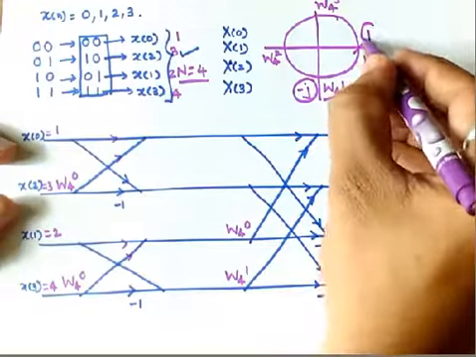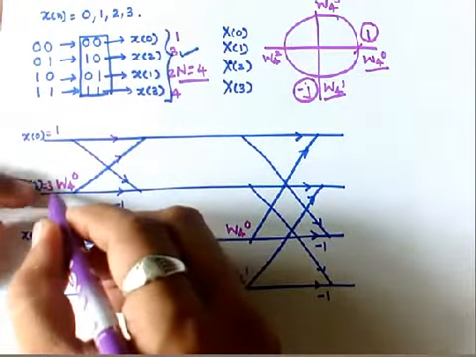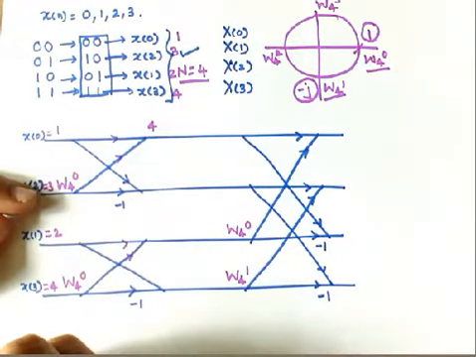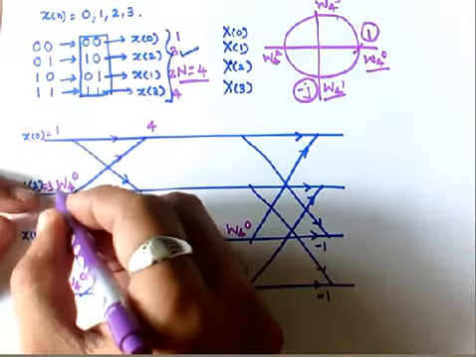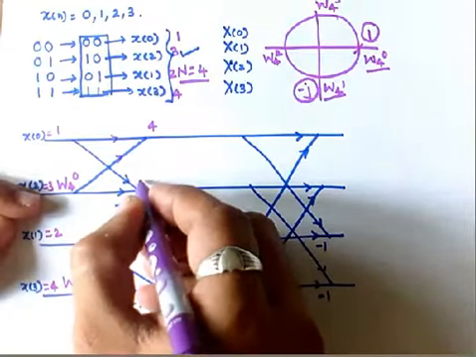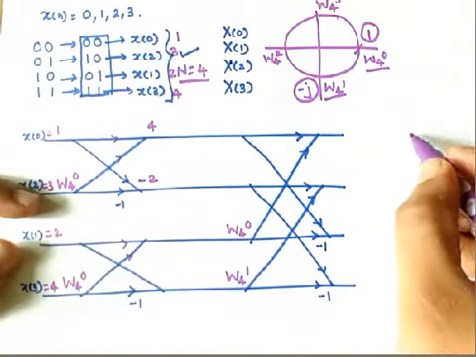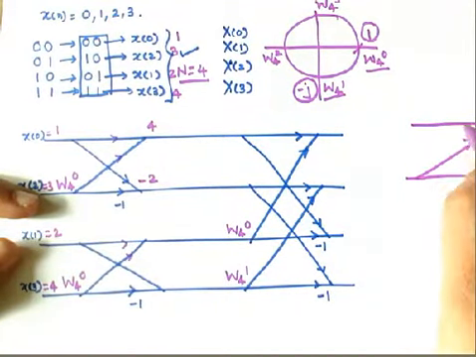So let's concentrate on this value. Here 1 plus 3 into 1 results in the value 4. Similarly here it will be 1 minus 3 into W4 raised to 0, that will result in minus 2. So let's see this with respect to the approach of a single butterfly.